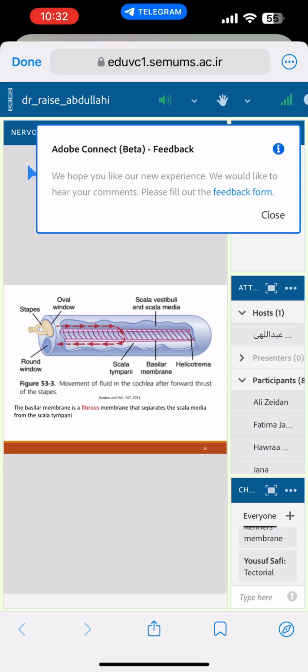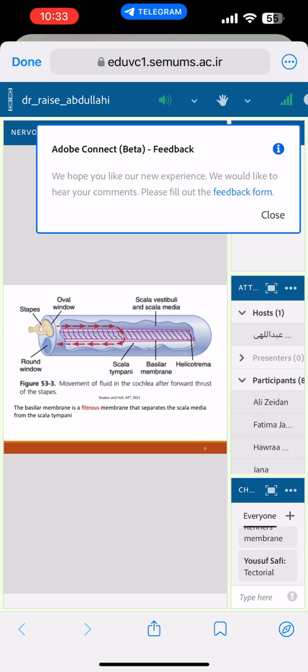consists of three tubes located side by side. The first one, the upper one, is the scala vestibuli, and in the middle we have the scala media, and at the lower part we have the scala tympani: scala vestibuli, scala media, and scala tympani.